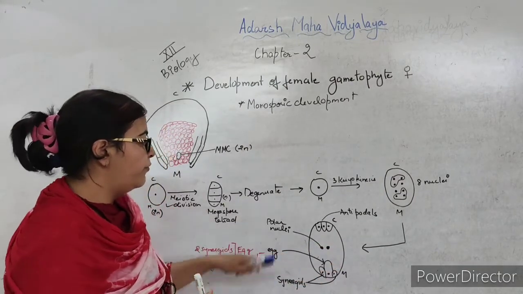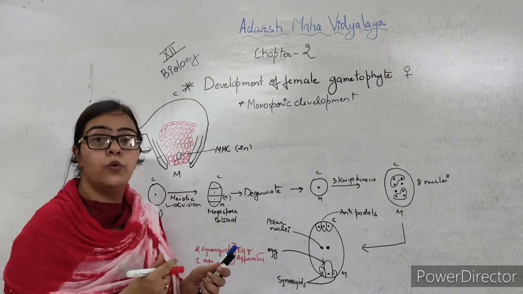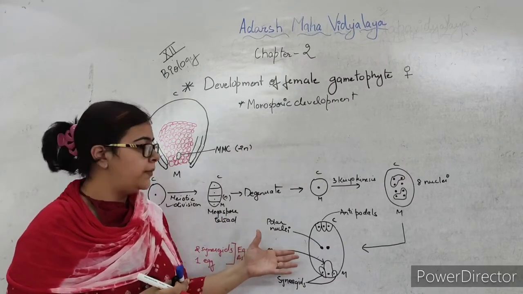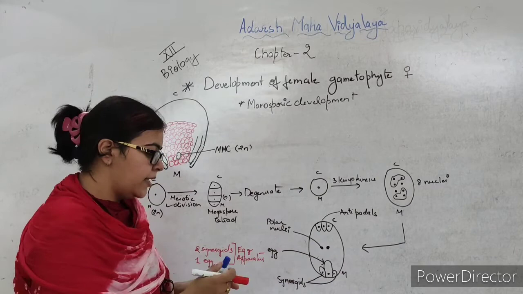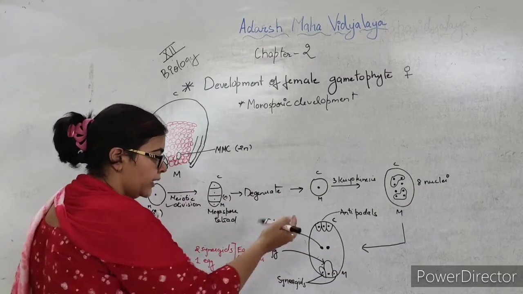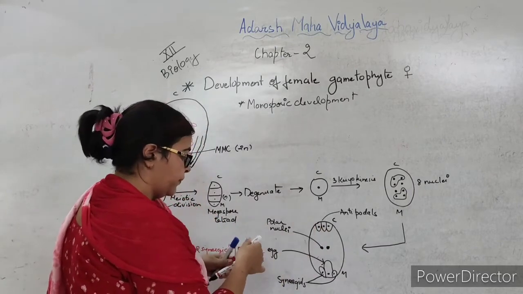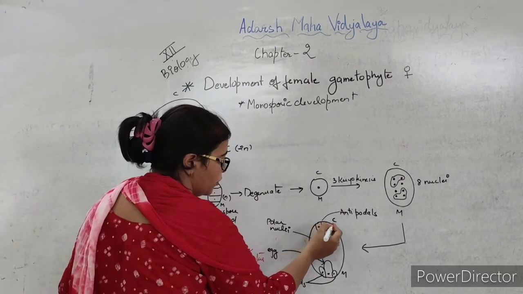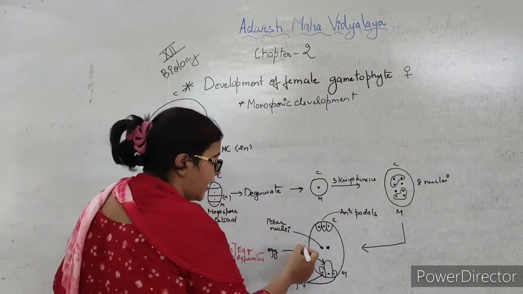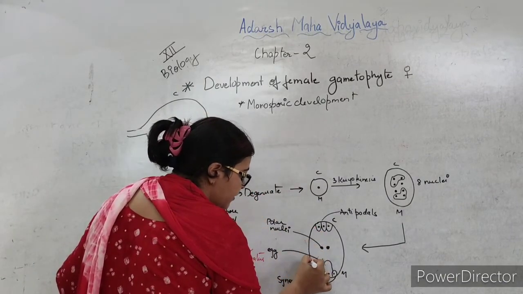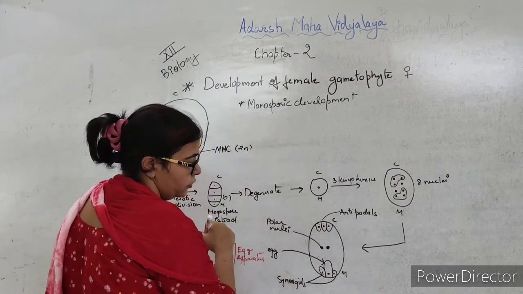This type of development of female gametophyte is also called polygonum, and this is a very common development in angiospermic plants. Now we'll count the cells: 1, 2, 3, 4, 5, 6. 6 cells are there, and this is the large central cell in which the 2 polar nuclei are present.